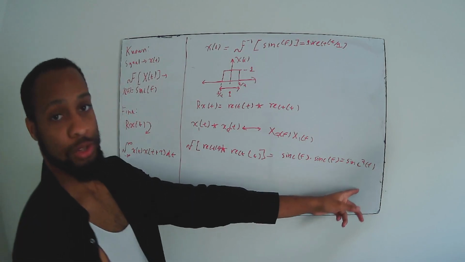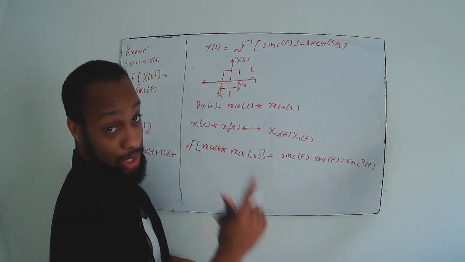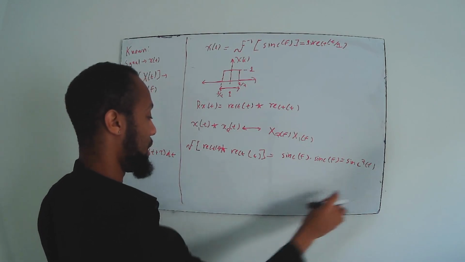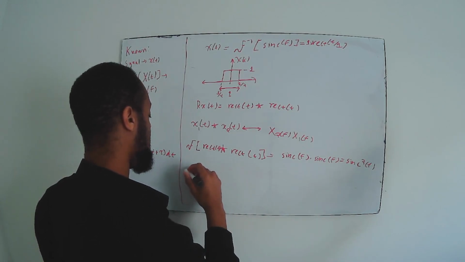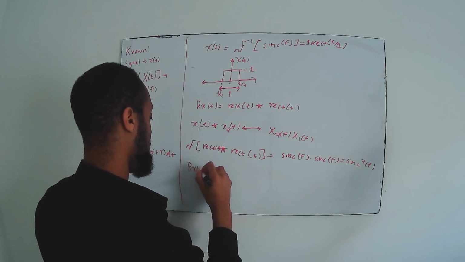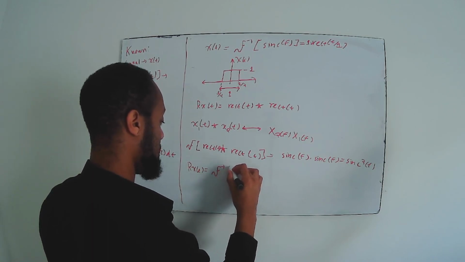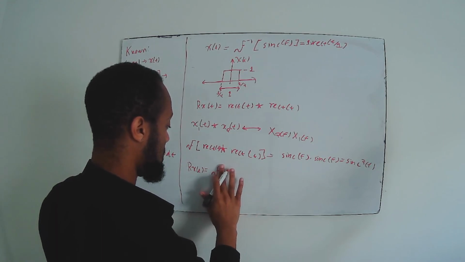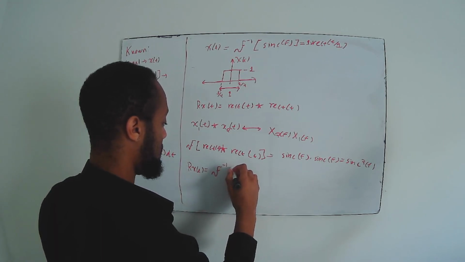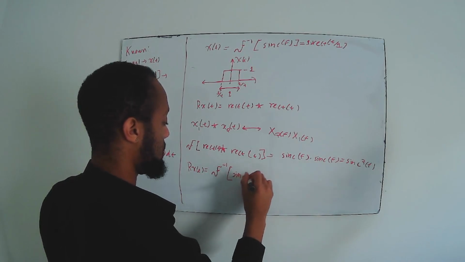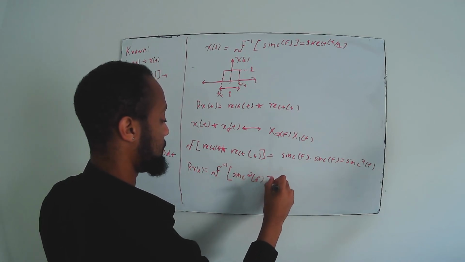Now the question is, what's the inverse Fourier transform of this? Look at the table again: the inverse Fourier transform of sinc squared is a triangle function. So Rx(t) is equal to the inverse Fourier transform of sinc squared of f.